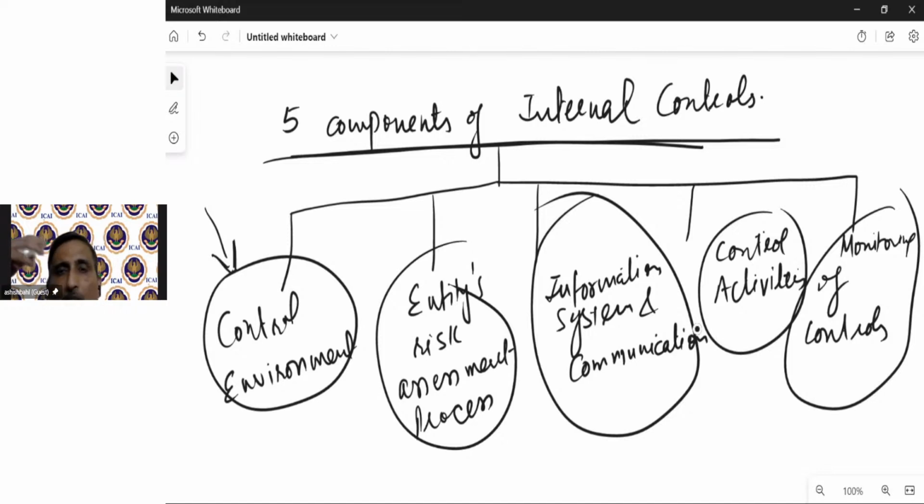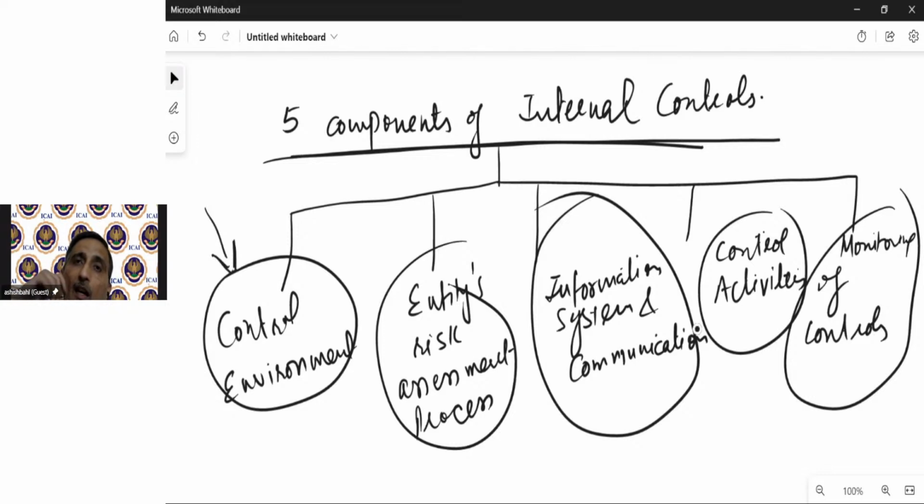It shows that management is a habitual offender, or say they are in the habit of taking more credit facilities from the banks. They are fudging their accounts.